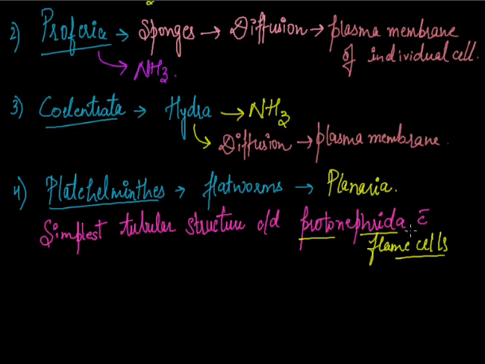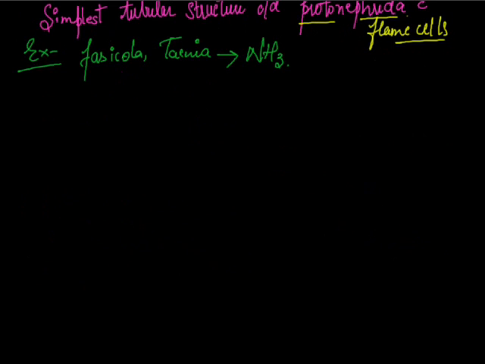So the protonephridia with flame cells act as an excretory organ for the flatworms. Very good examples of this are Fasciola and Taenia. They excrete ammonia.